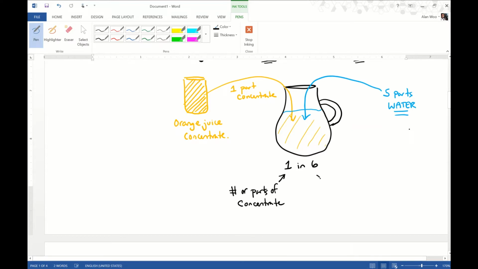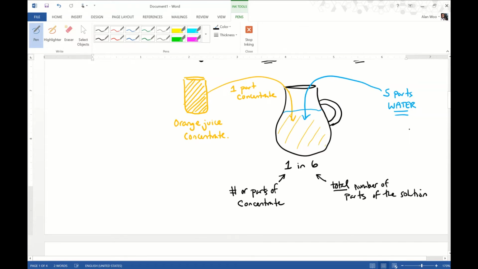The second number is the total number of parts of the solution. If you want to find out the water, it's always the total minus the number of parts of concentrate.